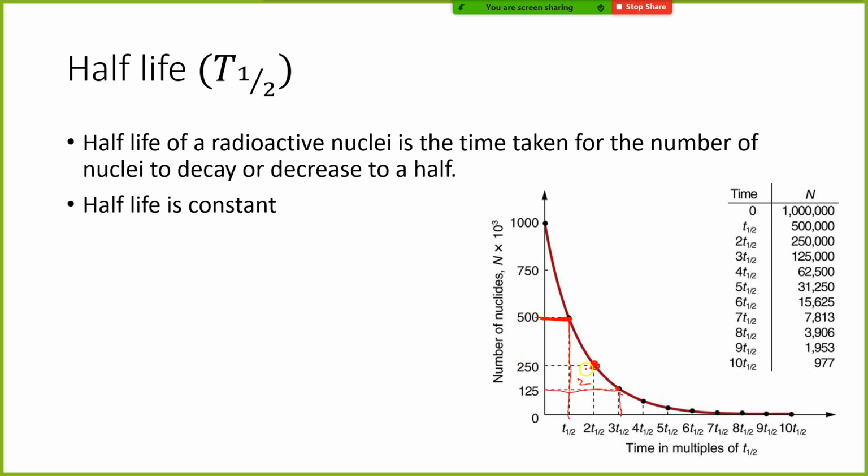Now, the thing about it though is that the half-life is constant, meaning that the half-life from 1,000 to 500 will be the same half-life that will be recorded here from 500 to 250. It will still be the same half-life. Okay, so half-life is constant.